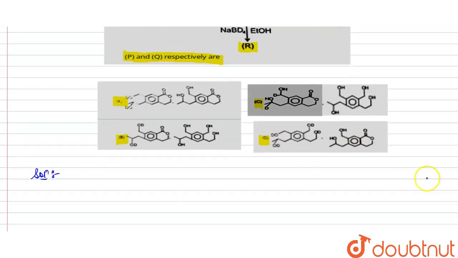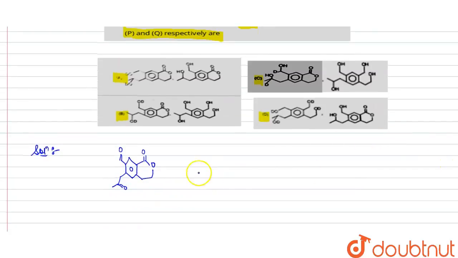First of all, if we draw the structure of the reactant species, it is like this. Here we have a benzene ring, C double bond O, and like this. Here this is the ester linkage. Then here we have double bond O, here we have double bond O and a methyl group. This is our reactant which is given to us.